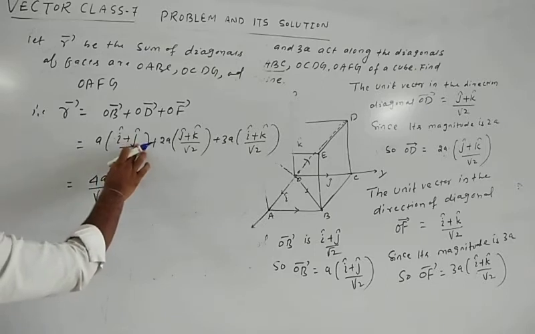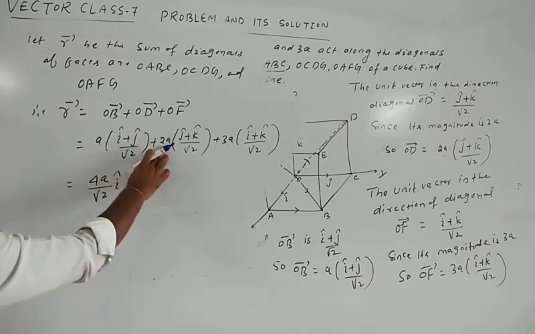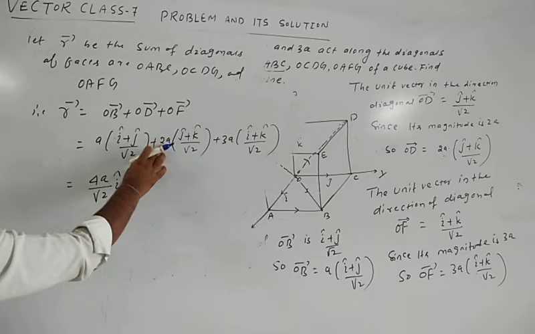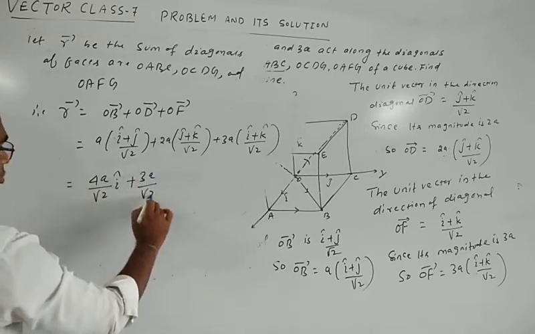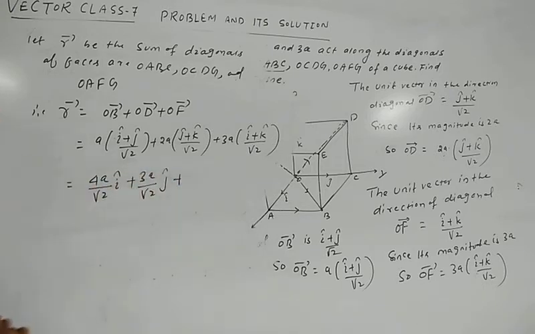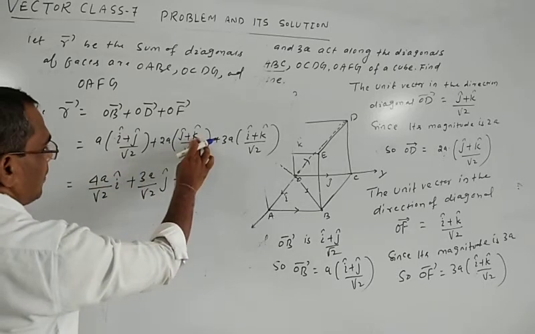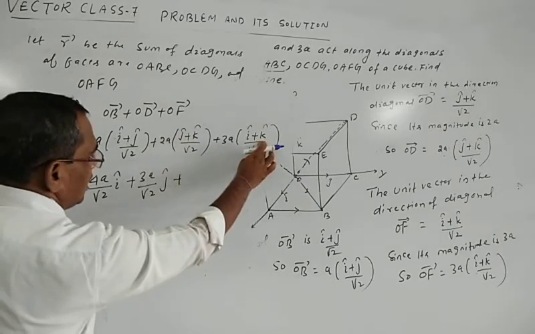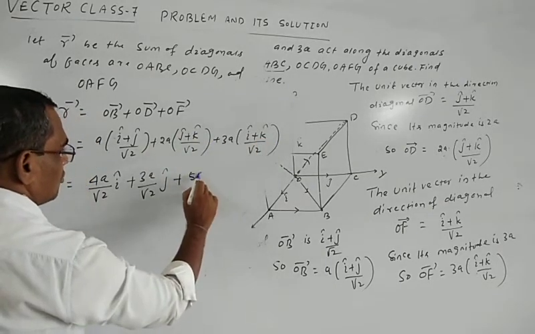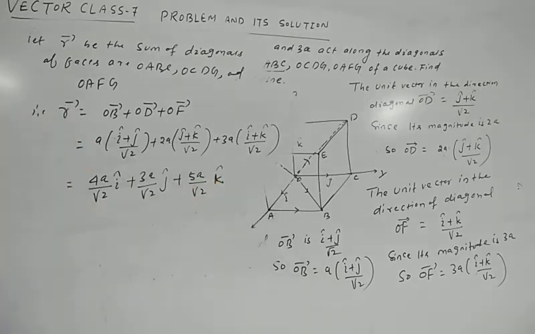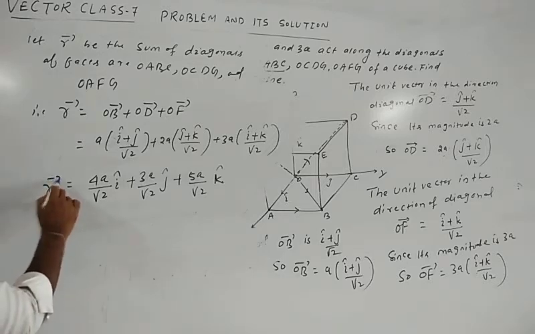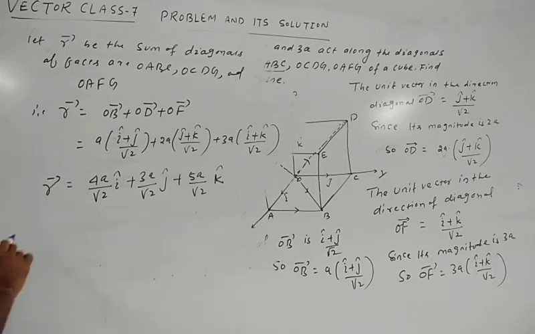Next, here a by root 2 j cap, here 2a by root 2 j cap, means 2a plus a, this is equal to 3a by root 2 into j cap. Next, 2a k cap by root 2, here 3a k cap by root 2, so this is equal to 5a by root 2 into k cap. So this is the sum of diagonals of the faces, equal to R vector. Now what is its magnitude?